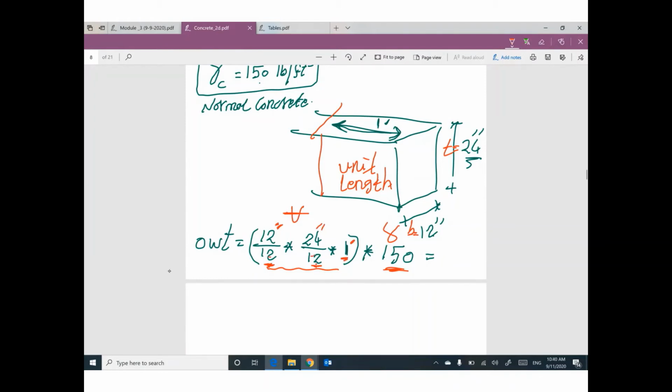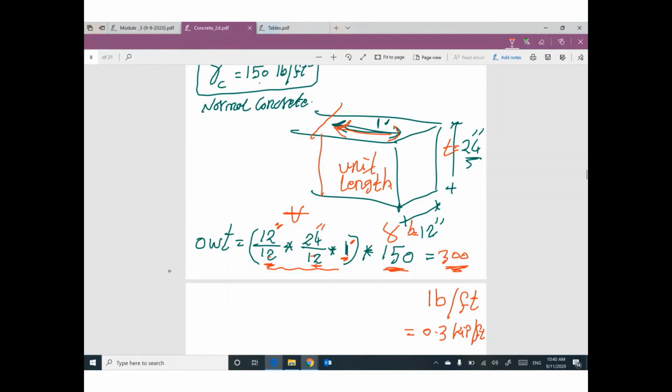Times 150, your final value will be 300 pound. But this is weight per unit length, so I can write it as pound per foot, or equal 0.3 kip per foot. I divided it by 1000. If you have any question for this point, let me know. This point is very important.